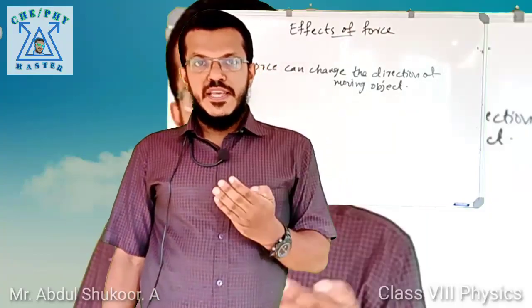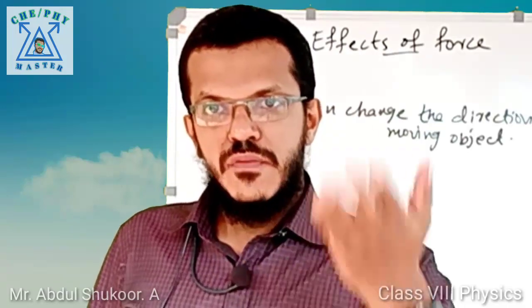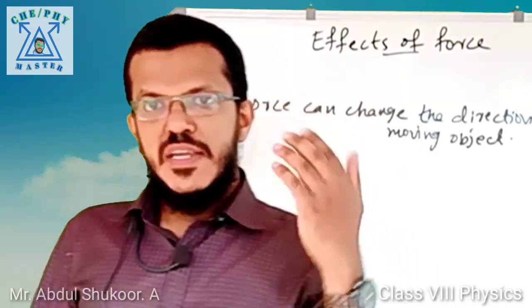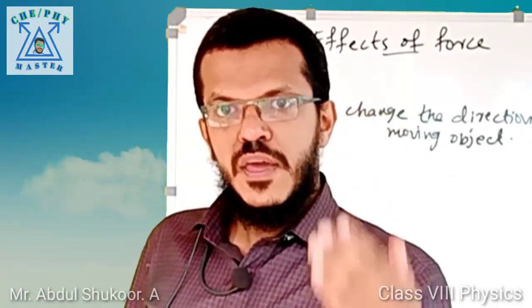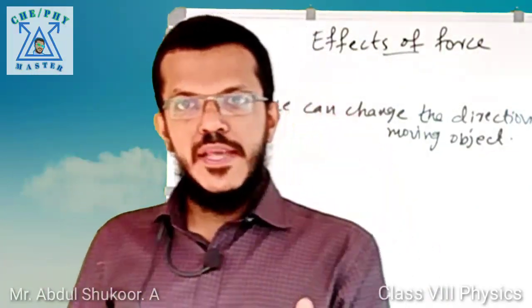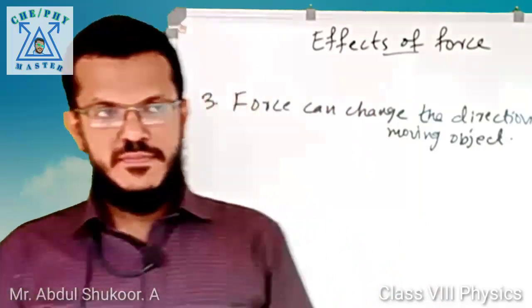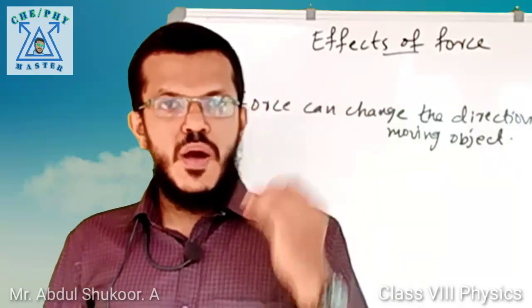Similarly, when a tennis player returns a service, he or she uses a force to change the direction of the ball. In this case, force can change the direction of the motion of moving objects.